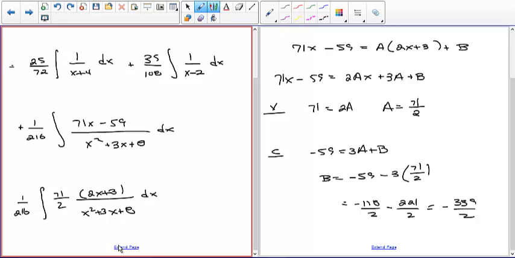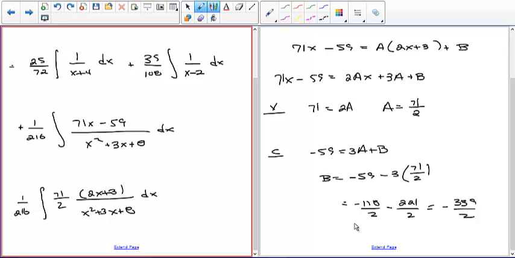Dr. Nicholson? Did I make a mistake? Well, I don't know. I got negative 331 over 2. Oh, is this 18 or is this 8? So 118 plus 221. Oops. 118 plus 221 is 339.